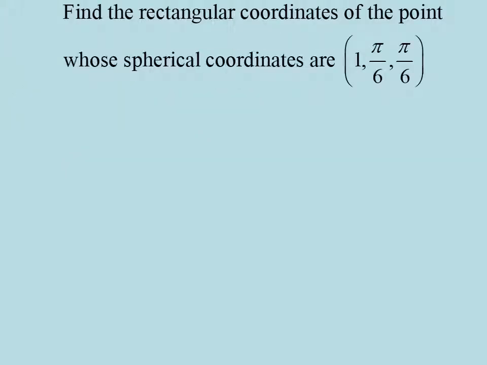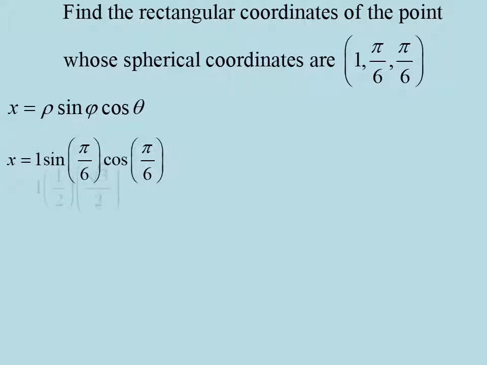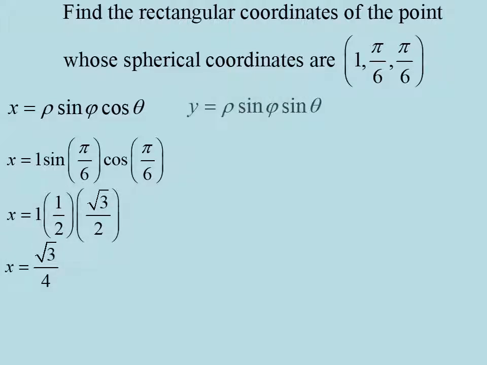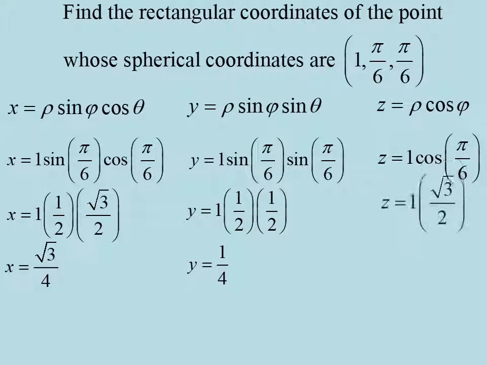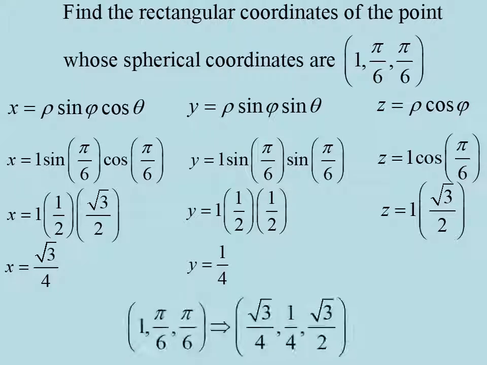Now going the other direction, we'll take this point and convert it into rectangular coordinates by replacing the rho and the phi and the theta. We get the value of x, and replace the rho and the phi and the theta to get the value of y, and replace the rho and the phi to get the value of z.